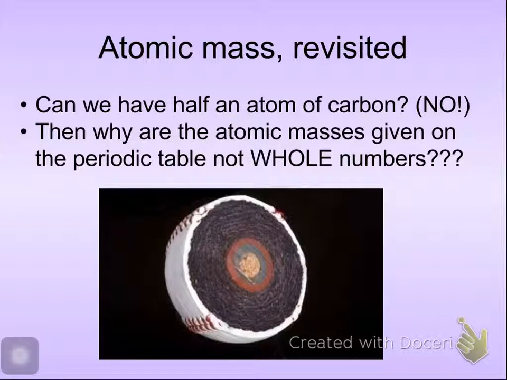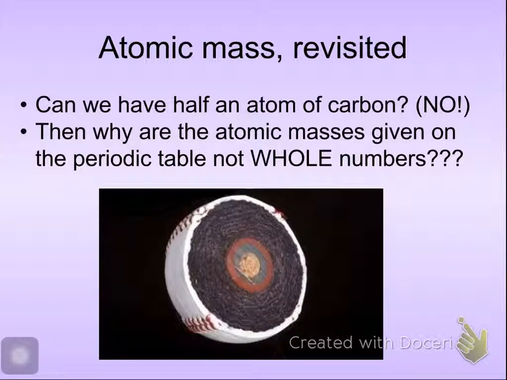Okay. In honor of the recent events in Cleveland, we have half a baseball here. Can we have half an atom of carbon? Not and still have carbon. If we take half an atom of carbon, we have lithium. Matter of fact, 3 protons, 6 protons. So then look at the atomic masses on that nice periodic table that I gave you.